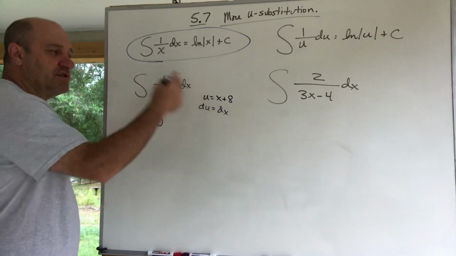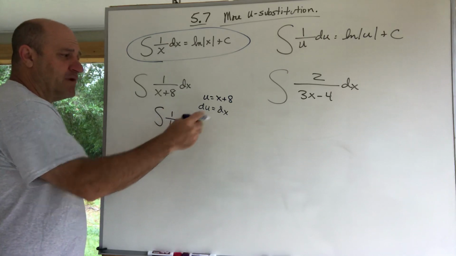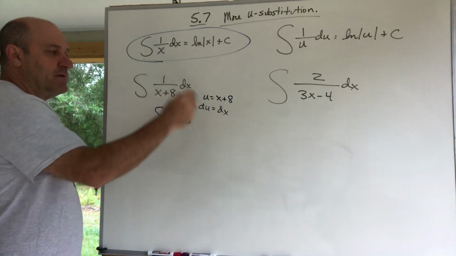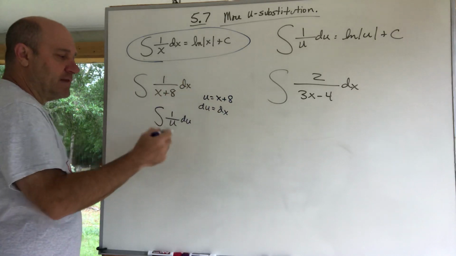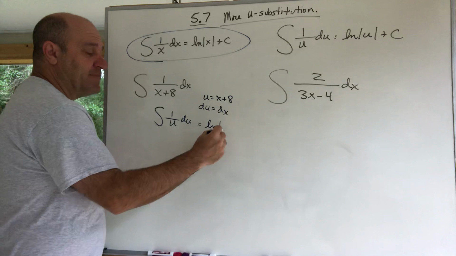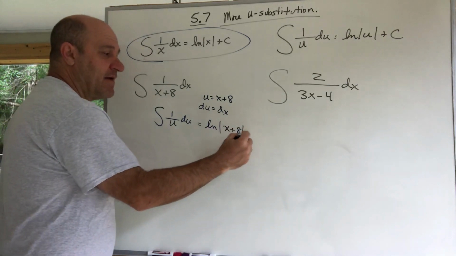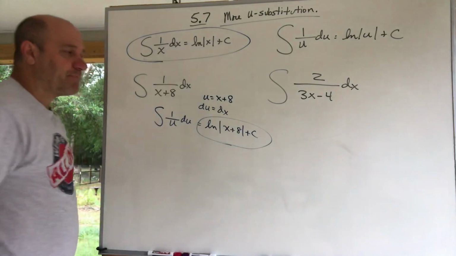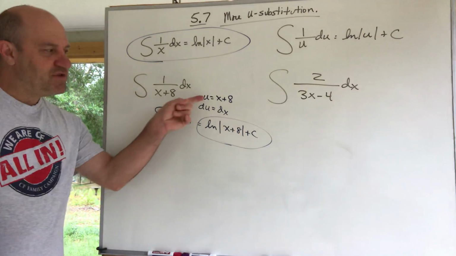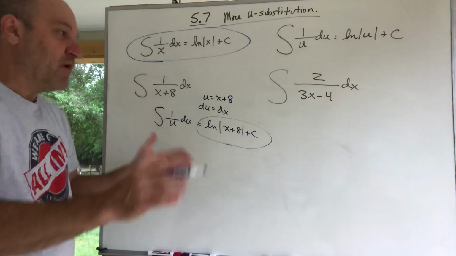U substitution is a replacement game. This turns into 1 over u du. You with me on that? That's my u. My dx is a du, and then that's the natural log of u. So this is the natural log, absolute value of u. I'm going to go ahead and put the x plus 8 in there, and this problem's over. So sometimes U substitution is rather trivial.